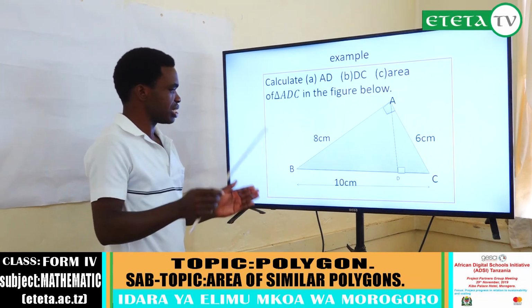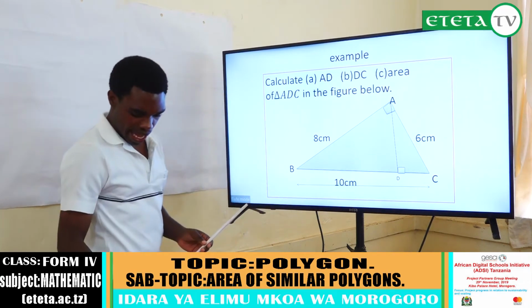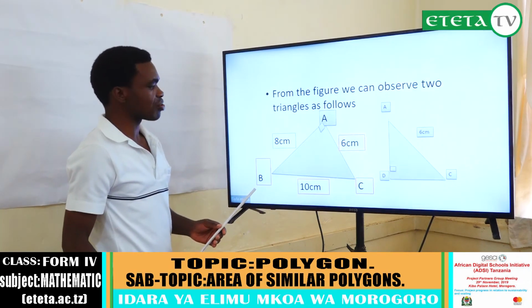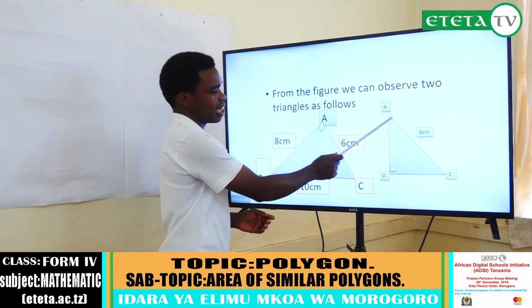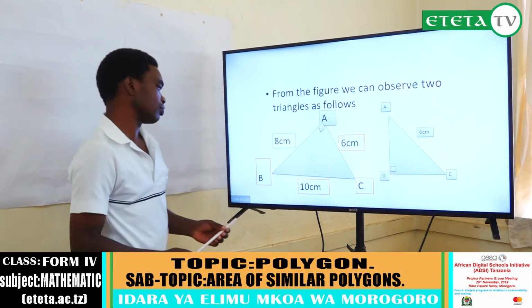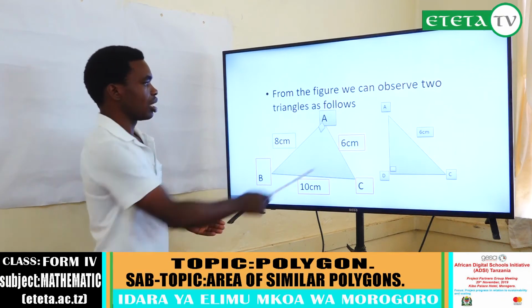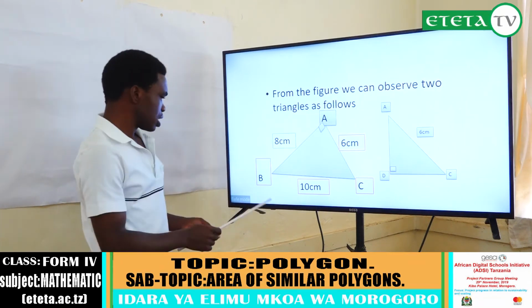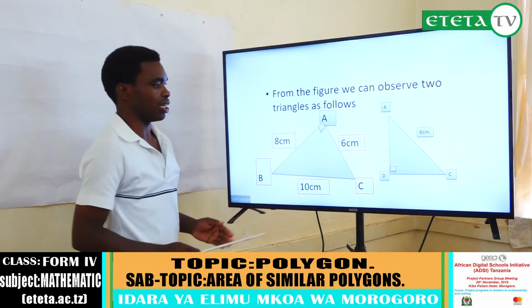The other issues that you must remember are these sides. Now, on these triangles, AC is 6 centimeters. Which is this one, it is 6 centimeters, and here it is 6 centimeters. And again, we have AB, which is 8 centimeters. On this one, we don't have that one. And again, BC is 10 centimeters.